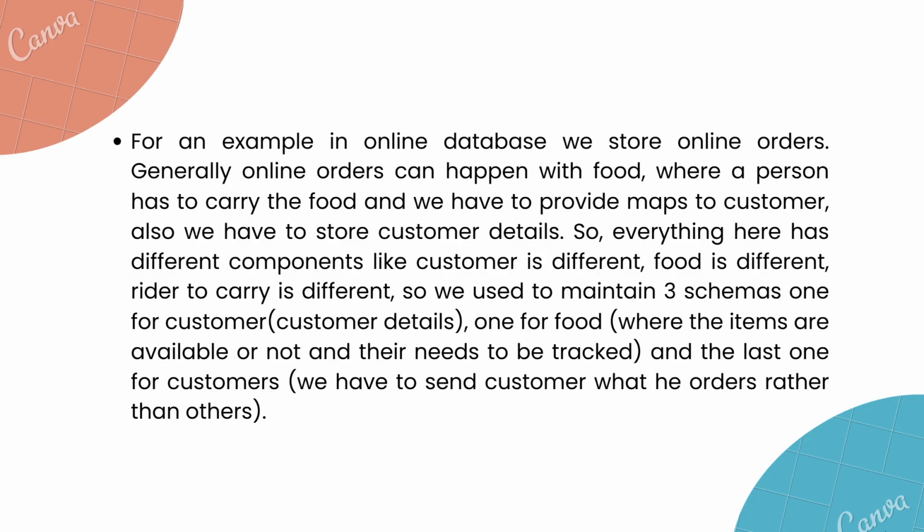Everything here has different components: the customer is different, the food is different, the rider to carry is different. So we maintain three schemas. One for customer, that is the customer details. Second for food, where the items' availability needs to be tracked. And the last one is for the rider, so we send the customer what he ordered rather than others.